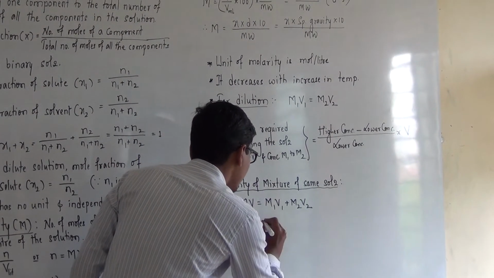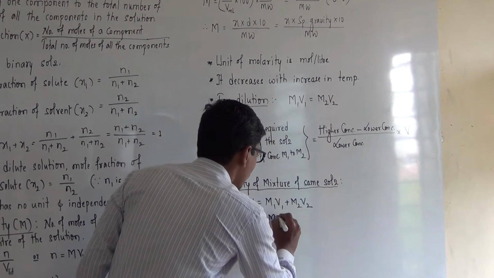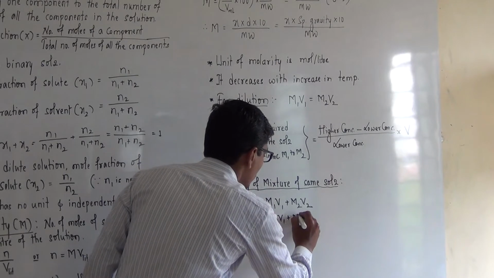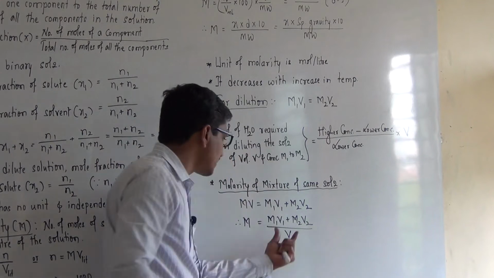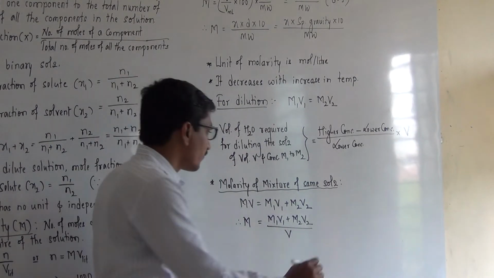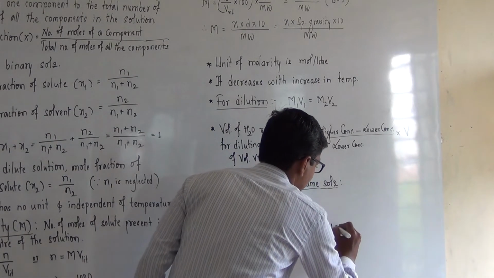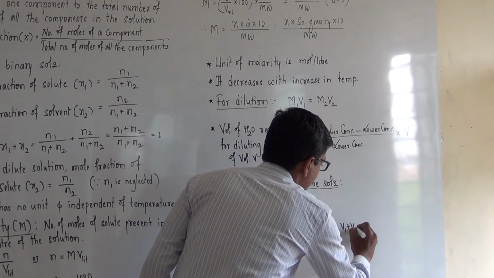Therefore, molarity of the mixture is equal to M1 V1 plus M2 V2 divided by V. This V is nothing but V1 plus V2.